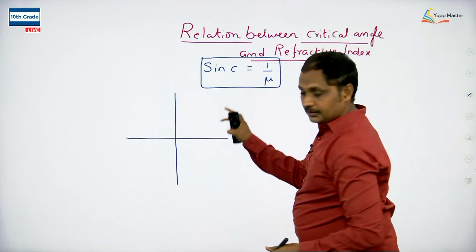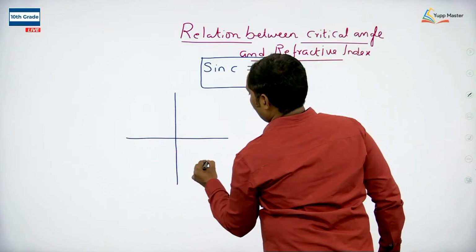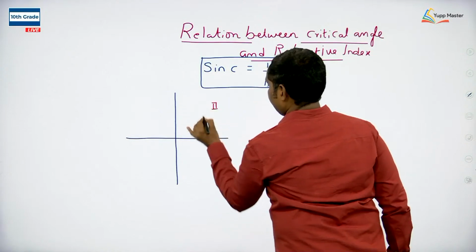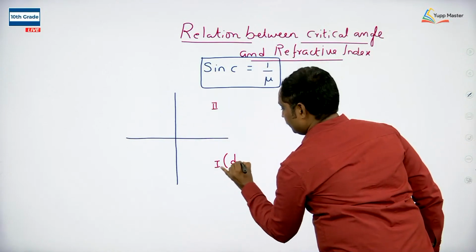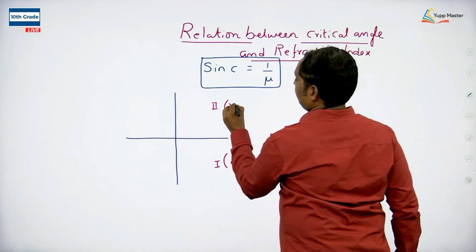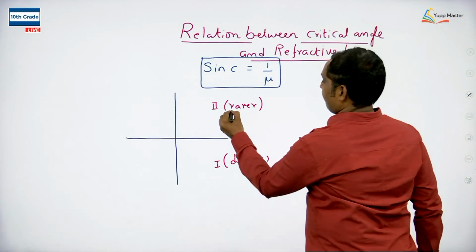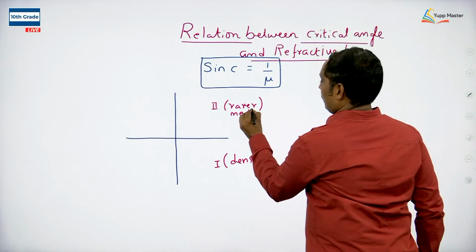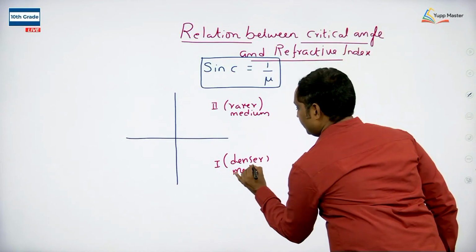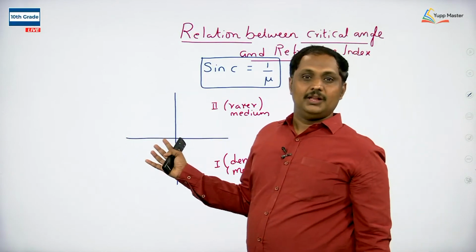We are going to take that interfacing surface. This is the first medium, this is the second medium. This is the denser medium, this is the rarer medium. Light enters from one medium to another medium, so there exists a change in its direction.